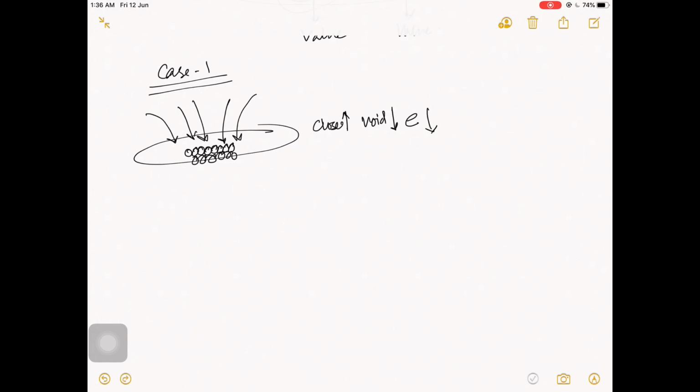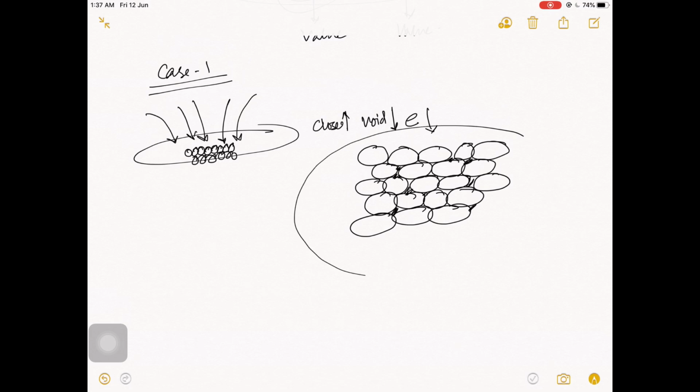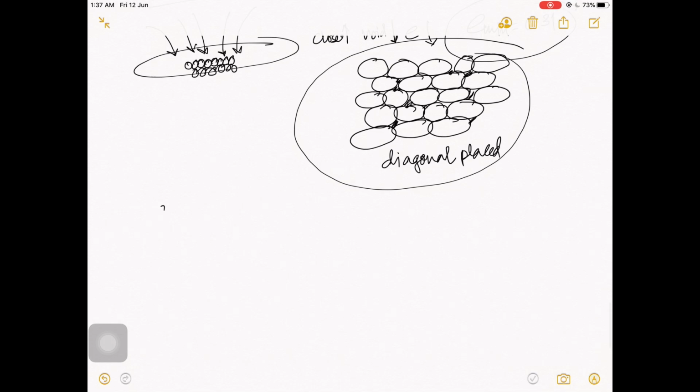Experimentally, if single grain soil structure is placed diagonally, then void space becomes very less. In that scenario, the diagonal value of Emin is 0.31, which I mentioned in my previous video. This is the case. Case 2.